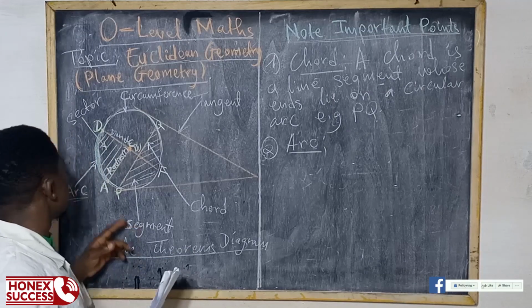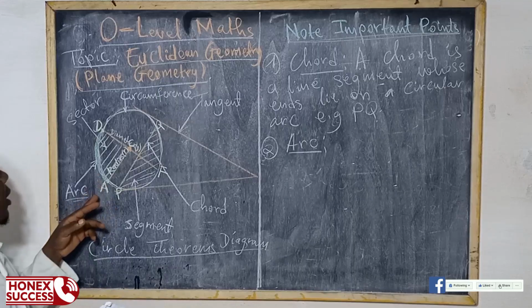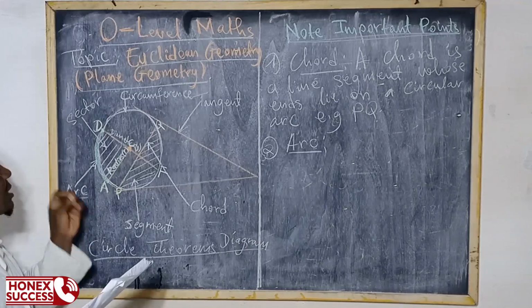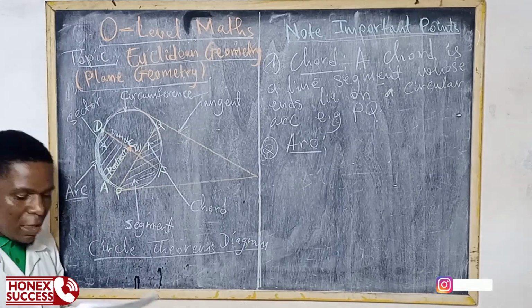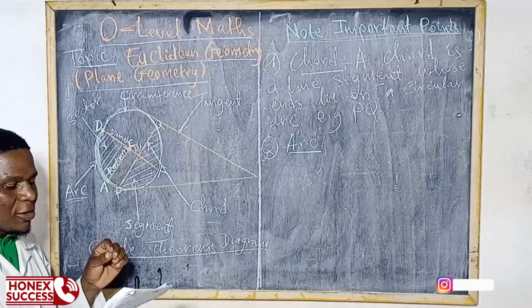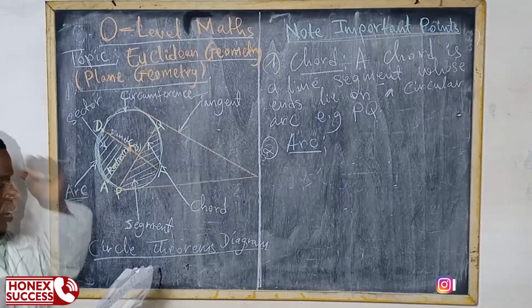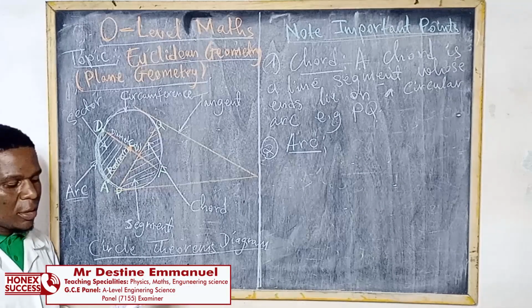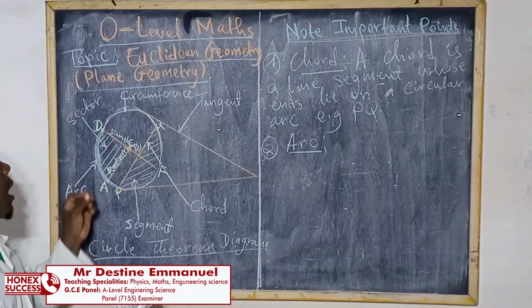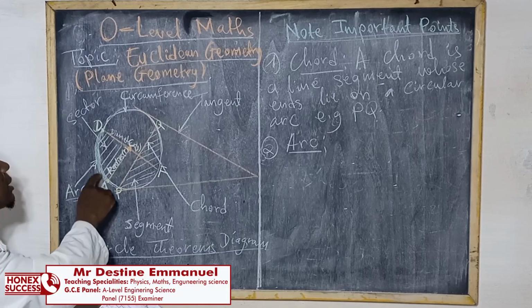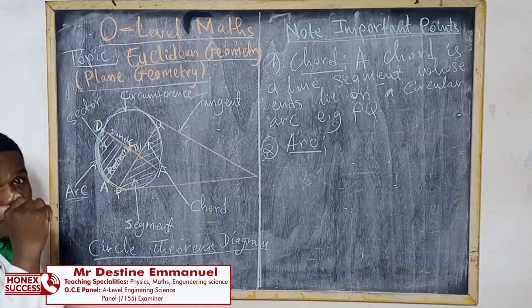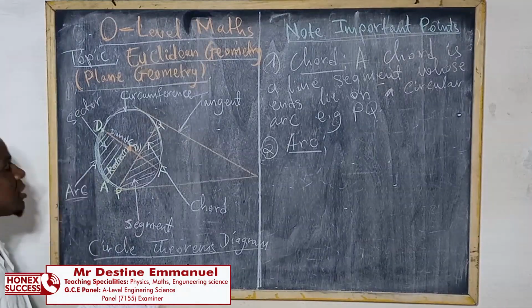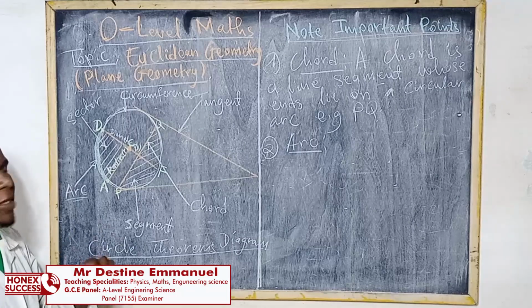Looking at the diagram very well, an arc is simply that part of the circumference of a circle between a pair of distinct points. Let me come again. An arc is simply that part of the circumference of a circle between a pair of distinct points.